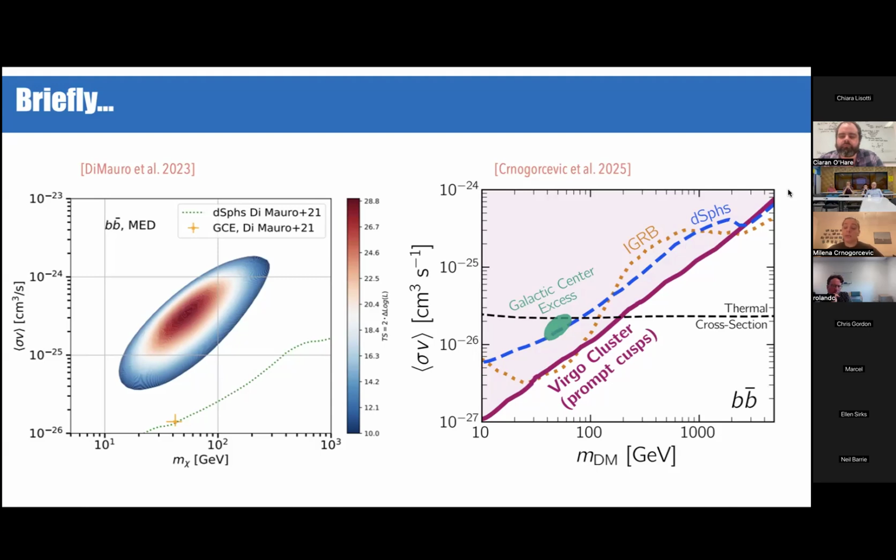The prompt cusps in the Virgo cluster actually reside not necessarily in the very central region, but more in the outskirts. So those will contribute to the large structures, but not so much to the small dense regions considered in the galactic center excess and dwarf spheroidals.